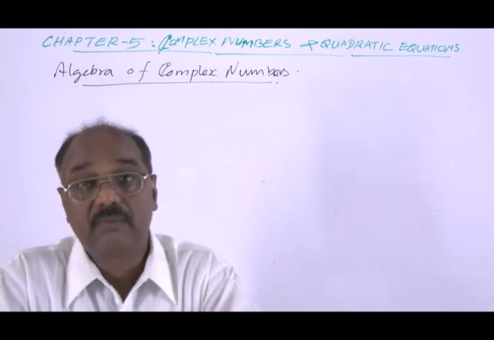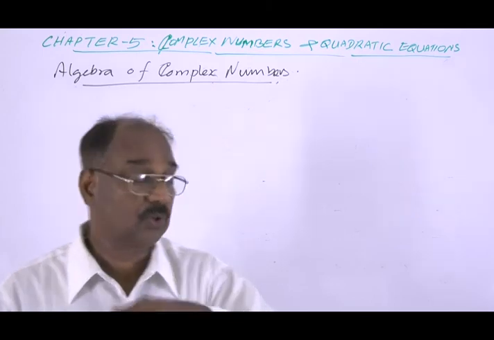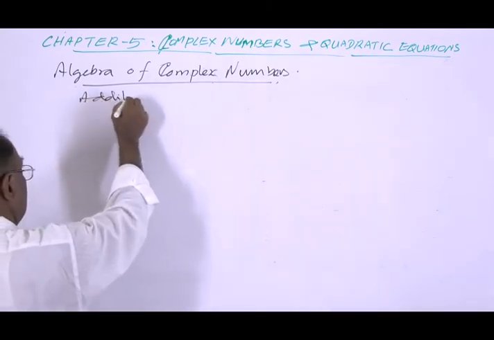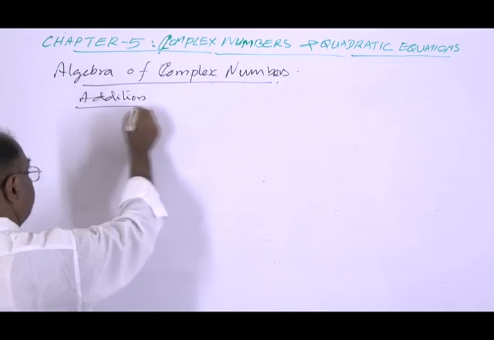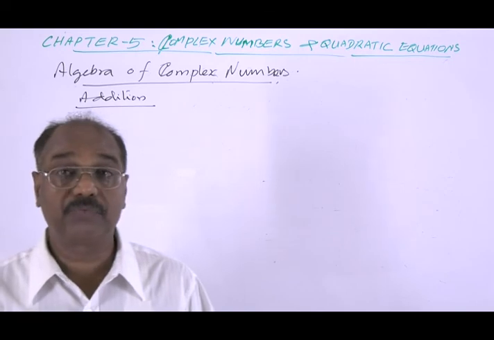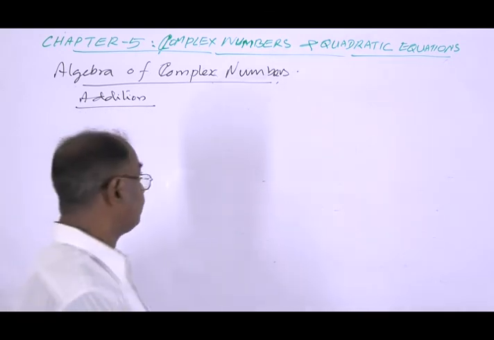Now we consider the addition operation first. So addition. The addition or the sum of two complex numbers: the definition of this addition is this.